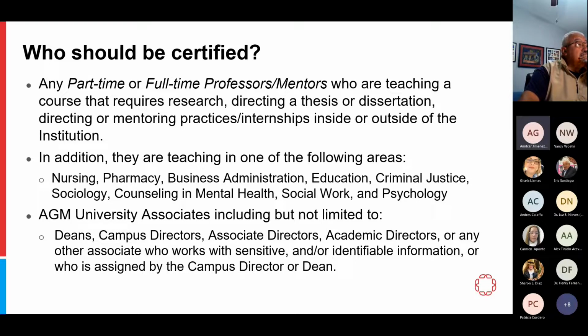Any AGMU associate, that means deans, campus directors, associate directors, academic directors, or any other associate who works with sensitive or identifiable information, or who is assigned by the campus director or a dean.